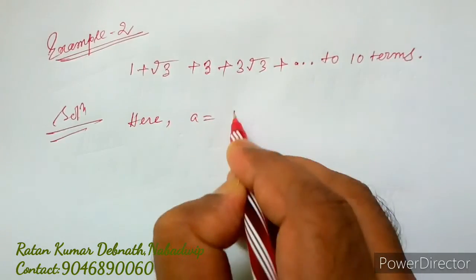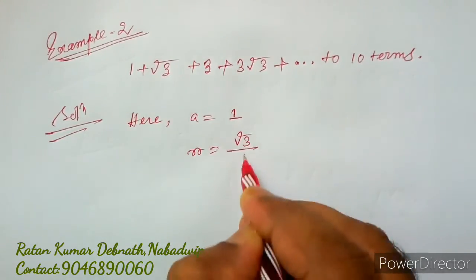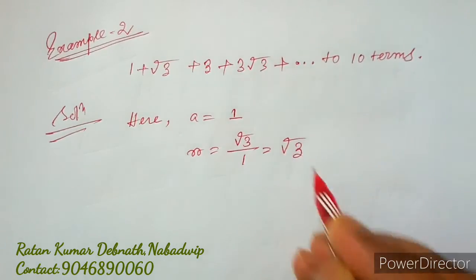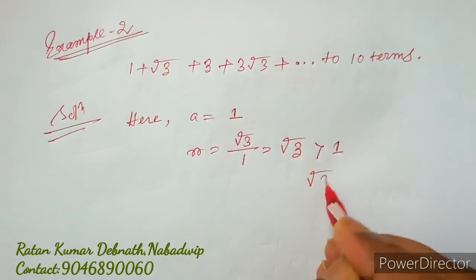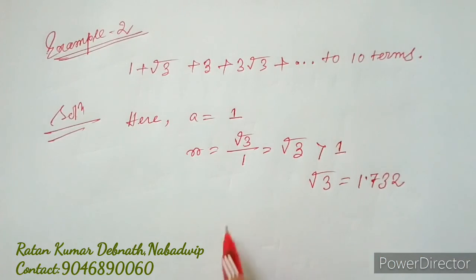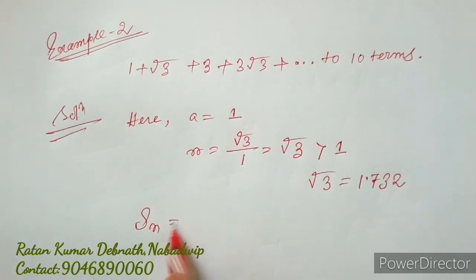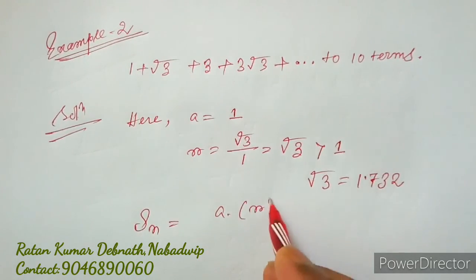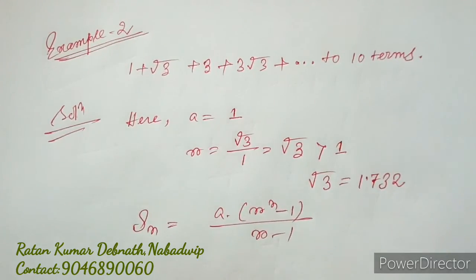Here a equals 1, r equals root 3 by 1, which means root 3, which is greater than 1, because we know root 3 equals 1.732 approximately. So we have to apply Sn equals a into r to the power n minus 1 by r minus 1.